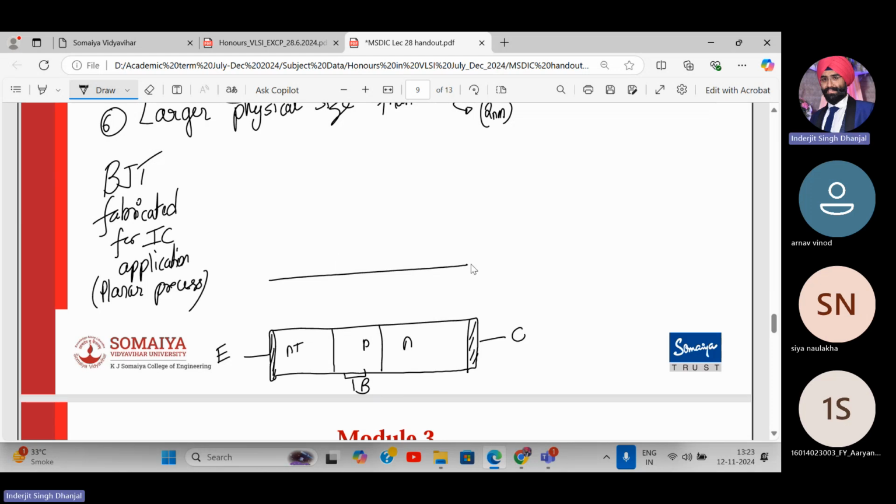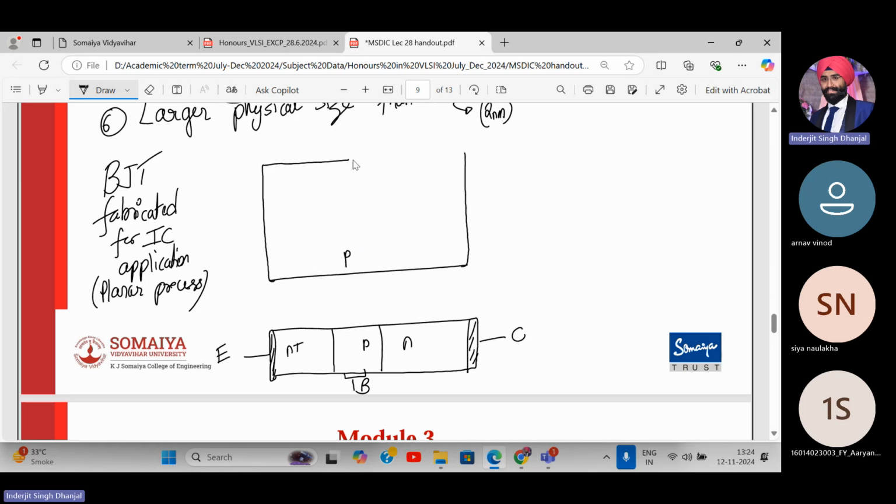We take a big semiconductor substrate, all made up of semiconductor material. We call that region, let's say, P device.